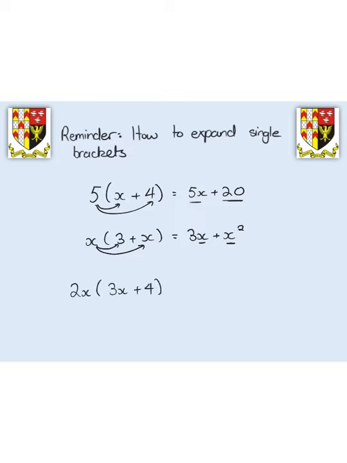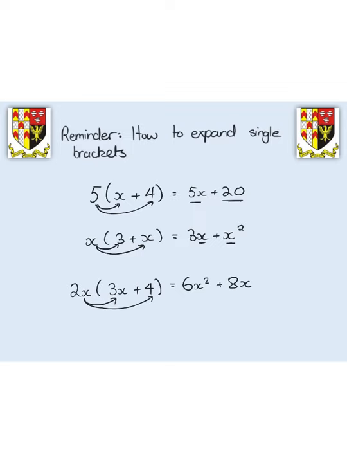Everything inside the brackets is getting multiplied by the 2x on the outside.